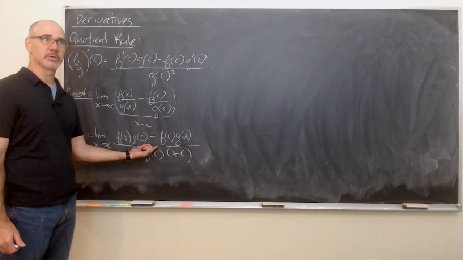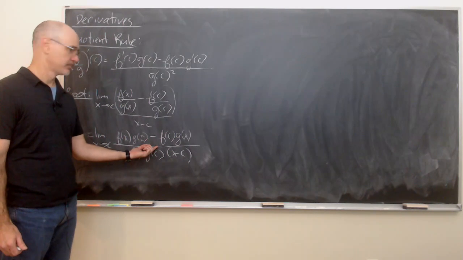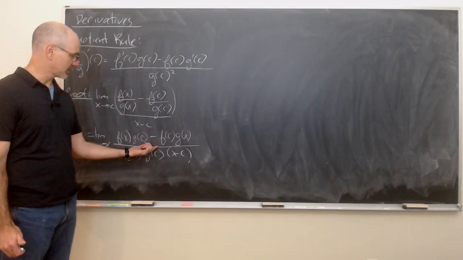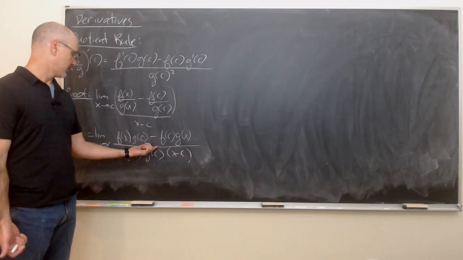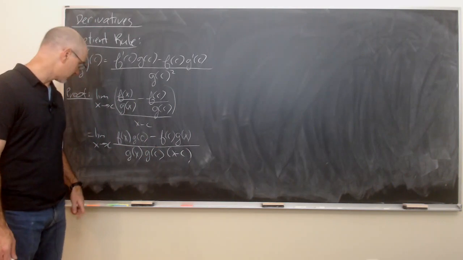In the numerator, we're going to add a clever form of 0. Right? So we're often either multiplying by a clever form of 1, or adding a clever form of 0.